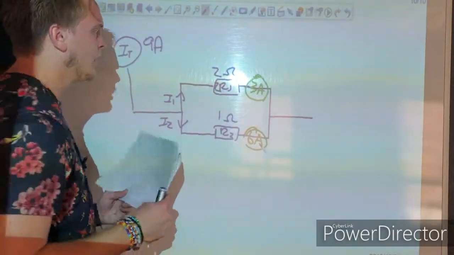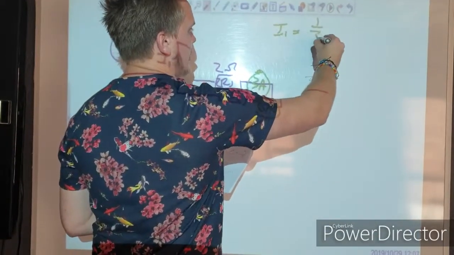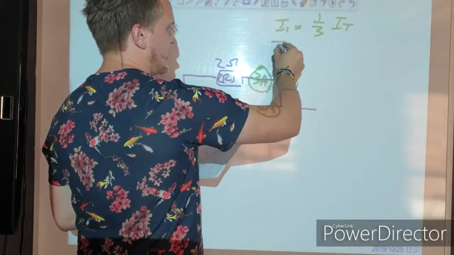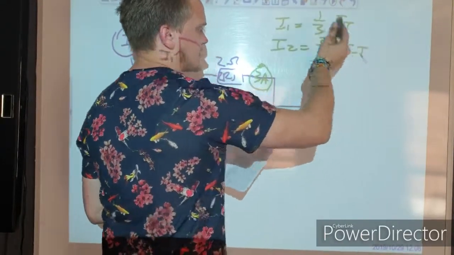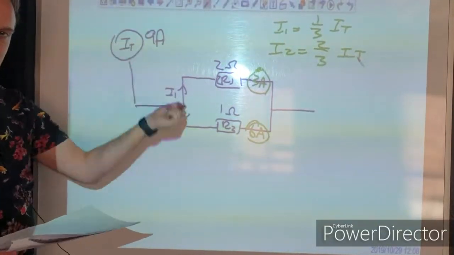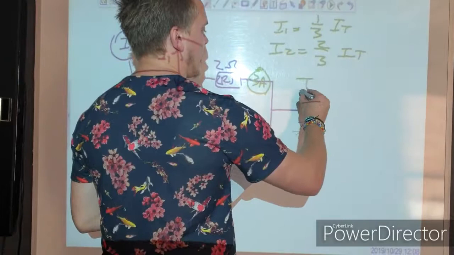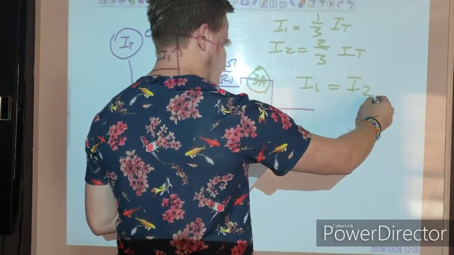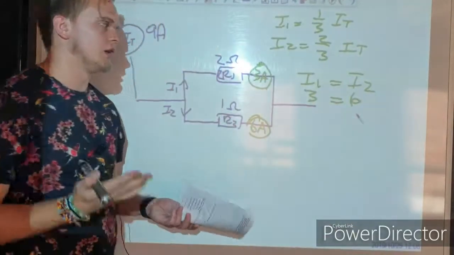That means I1 is a third of the I total, then I2 should be 2/3 of the I total, because we have a ratio, I is inverse to R. So that means I1 equals I2 to be that it's 3 to 6 amps now, values.